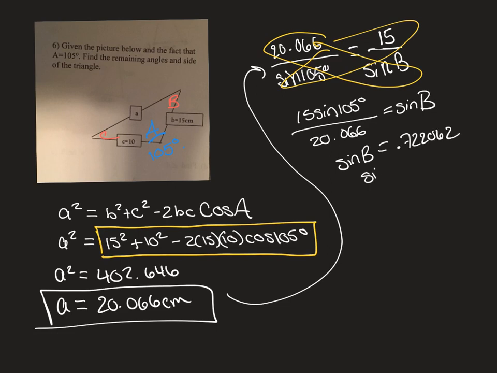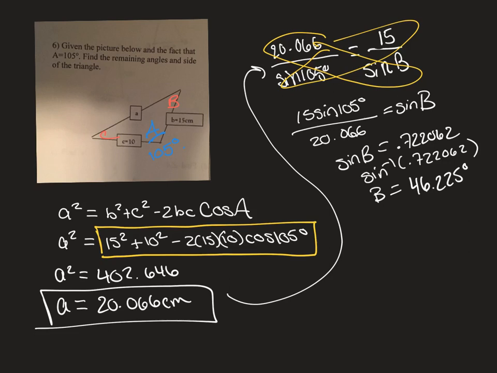And then again, we have to arc sine that. If your calculator's in degrees, I highly recommend it be in degrees. It makes it a lot easier. And you will find angle B. So you should get angle B is 46.225 degrees.